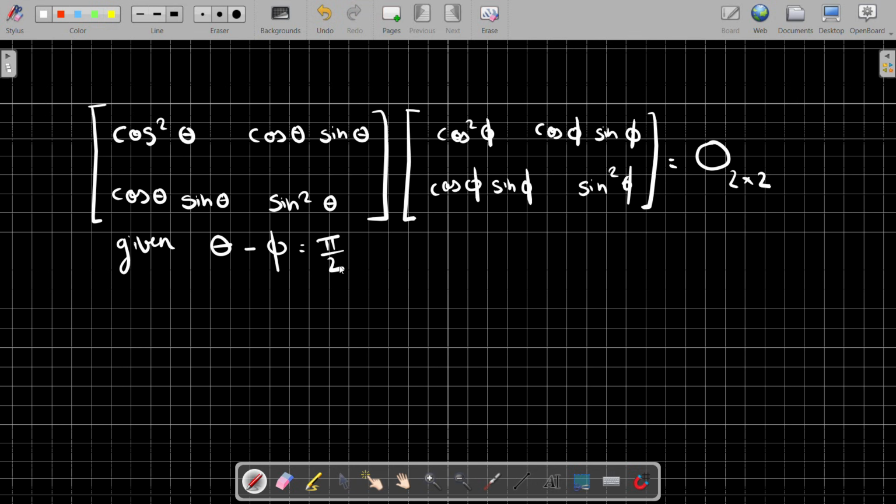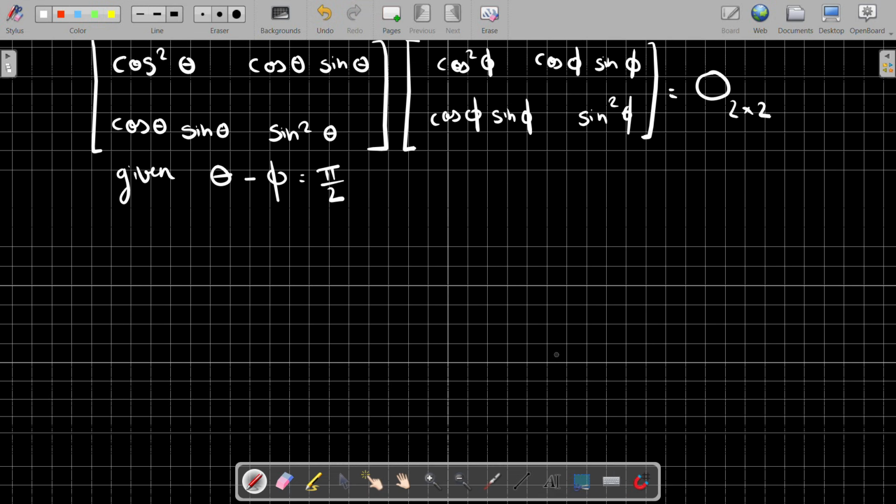So now let's get started. Because we know this condition, this simplifies to theta equals pi by 2 plus phi. So let's convert our first matrix entirely in terms of phi.